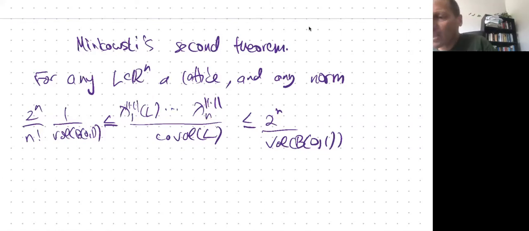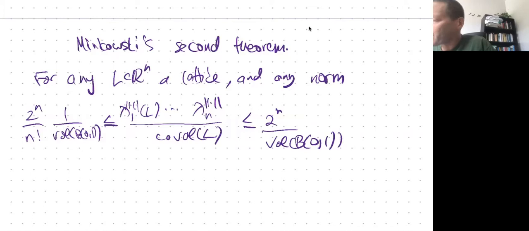So it's essentially close to 1 in some sense, but how close depends on the dimension and on the convex body. On a first approximation, you're only interested in saying the product of the successive minima is essentially the same as the covolume. On a second approximation, you want a better understanding of the exact constants that show up depending on the volume and on the norm or convex body.